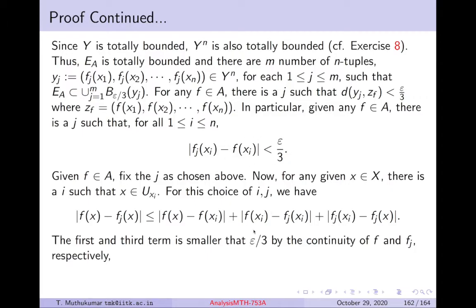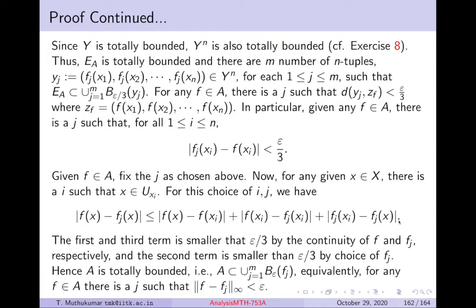J was chosen such that the second term becomes less than epsilon by 3. And here this is by the continuity at the x variable: we have continuity of f at x, continuity of fj at x. So together, if you sum them, this is less than epsilon, and that's precisely what you need to prove.